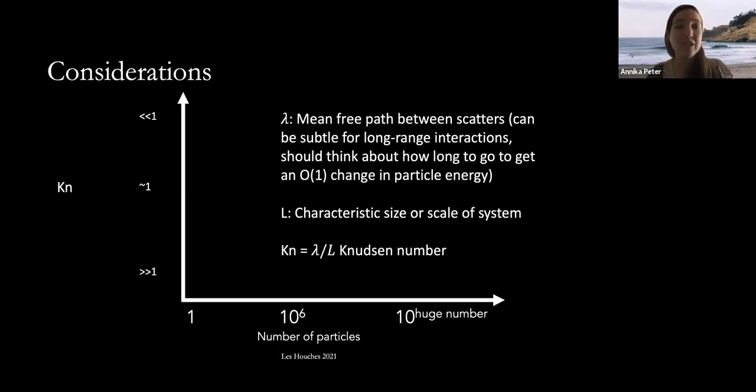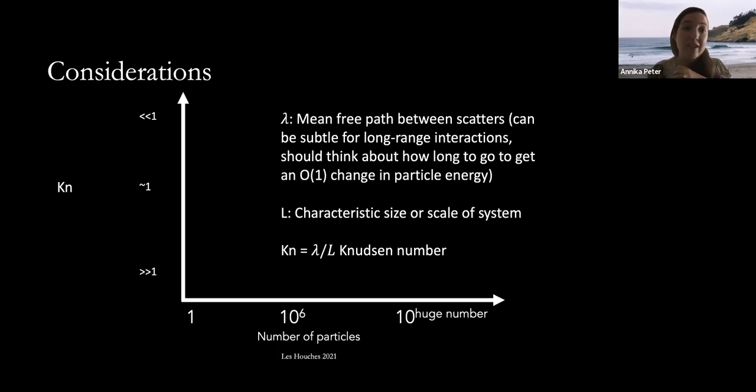The other consideration that really matters for your approach to simulations is what the mean free path of scattering is compared to the size of the system. Here, lambda is the mean free path. If you have contact interactions, you can think of the mean free path as basically the typical distance between scatters.